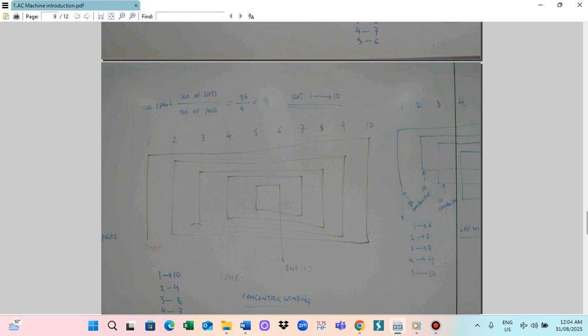So this ends at the 6. So this is for the one bolt. So we made the one bolt this way.